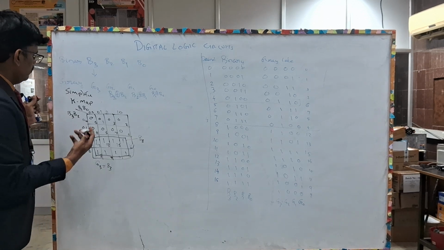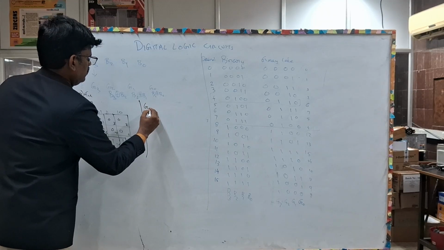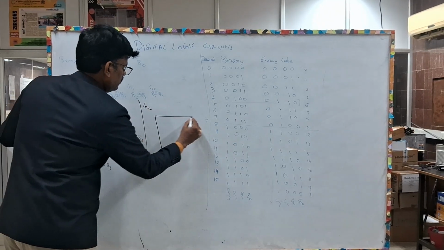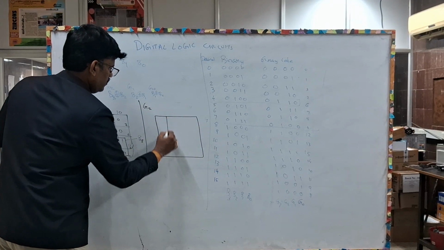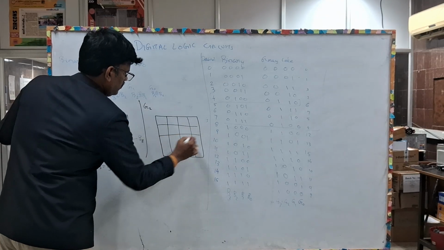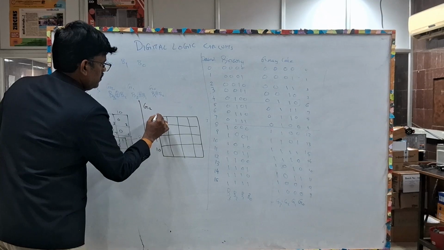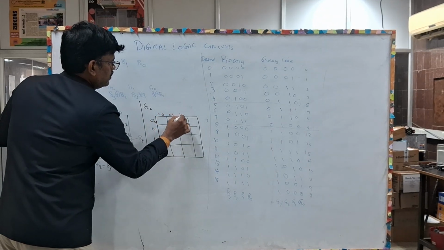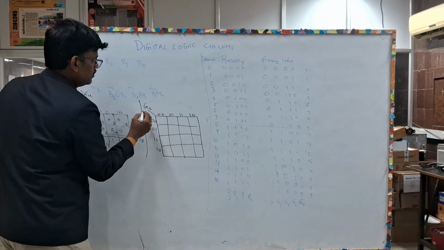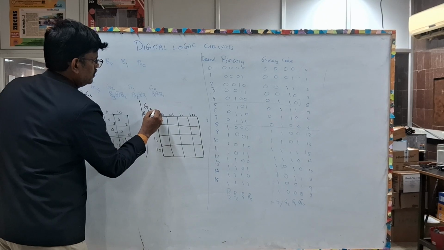Similarly we go for G2. K-map for G2. Among the simplification methods, the K-map is the pictorial representation of the simplest form for the simplification.